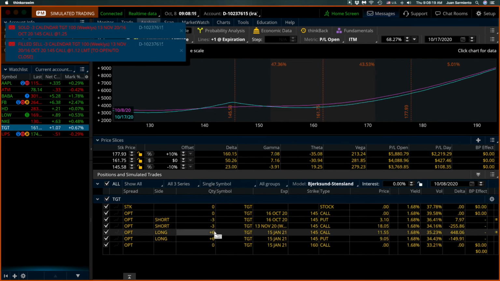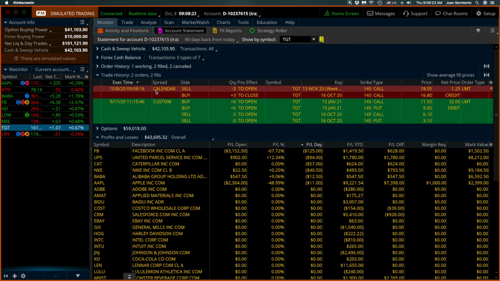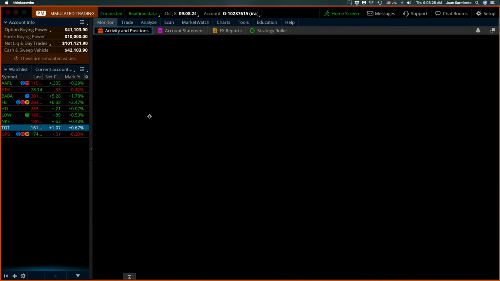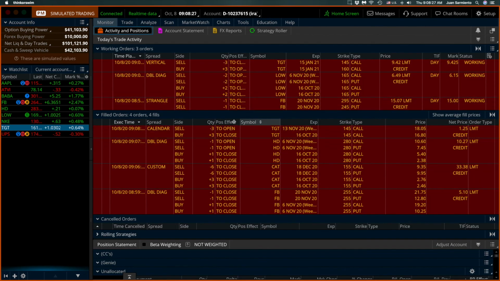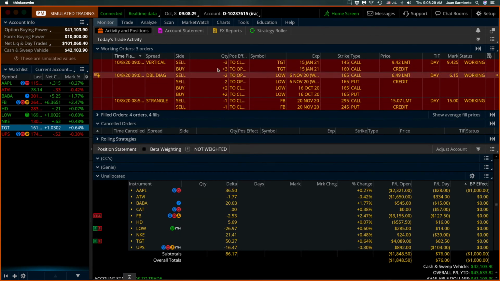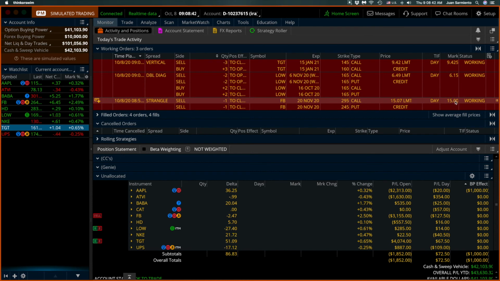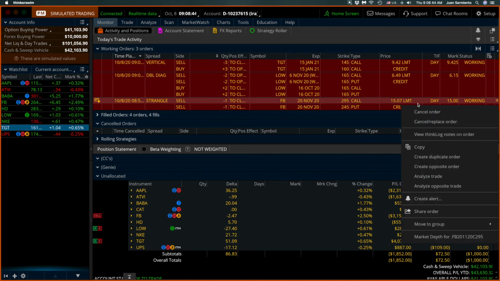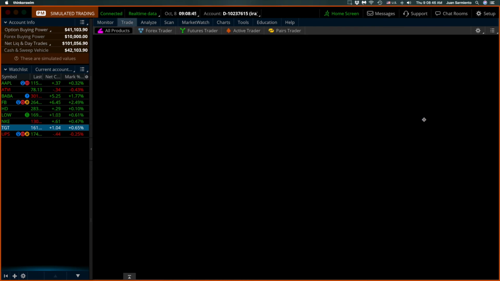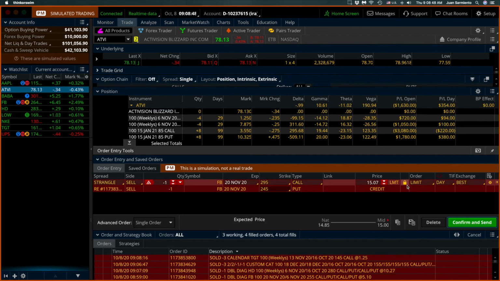Okay, now I have a little more urgency to do my roll up. But it will get filled. If not, I will alter. Now, I have a few trades left that I need to alter to make sure that they fill. For example, Facebook is 1507 and I need to make sure that it's close to the working order or lower.